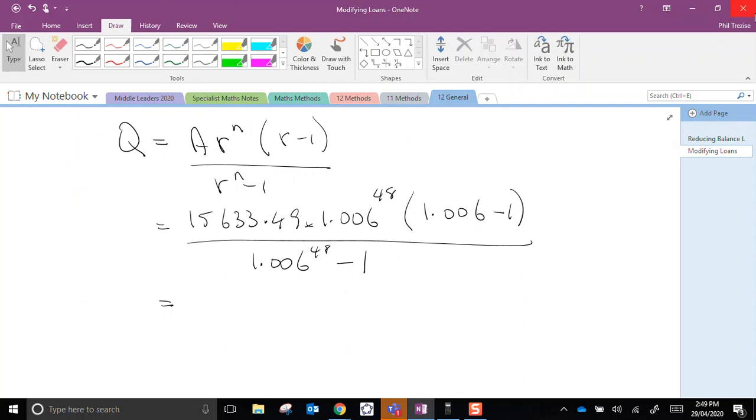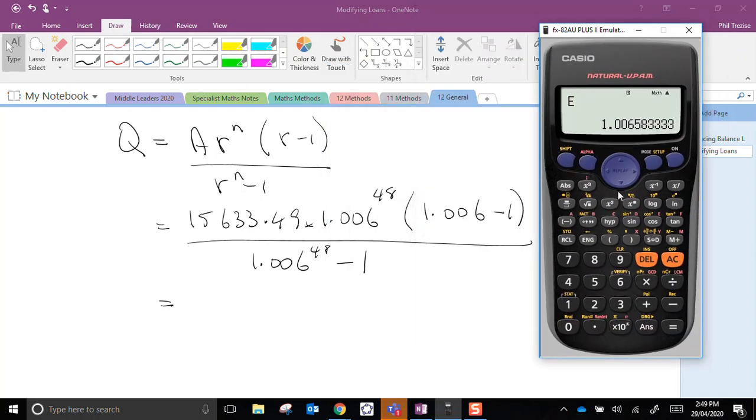Here comes the, where's my calculator gone? Oh, I lost my calculator. Here it is. So let's see how we go here. I'll need a fraction. That first number was D, multiplied by that next number, E, and that's the one where we need a power of 48.